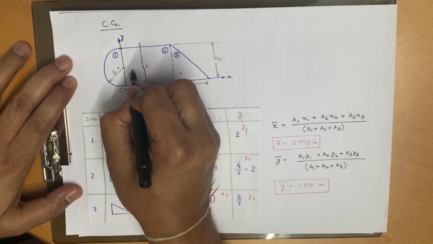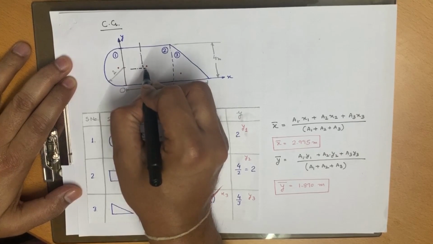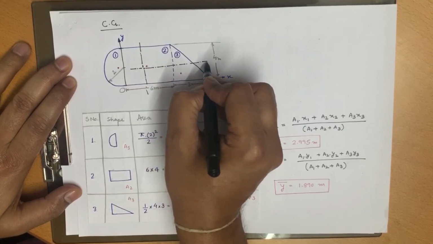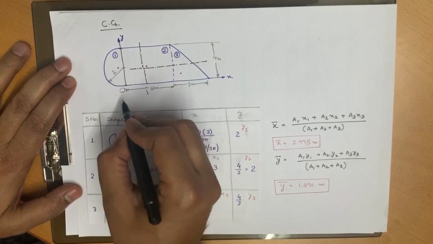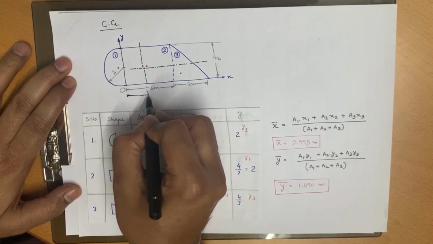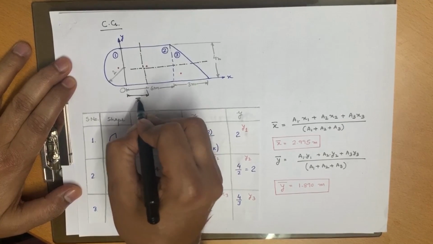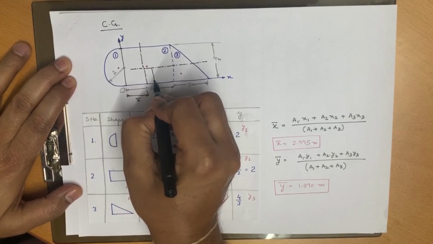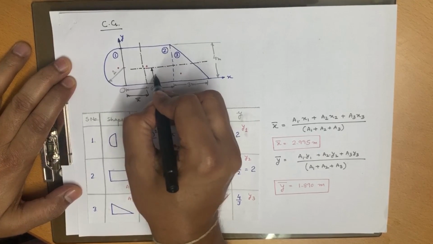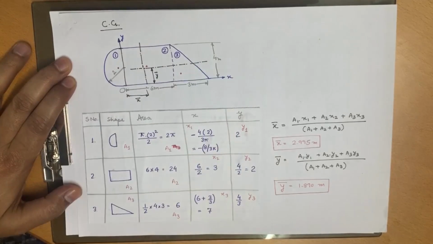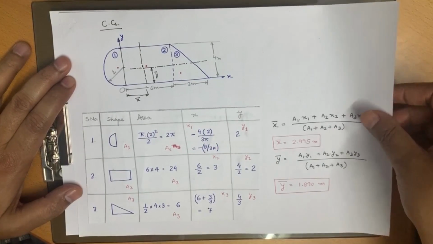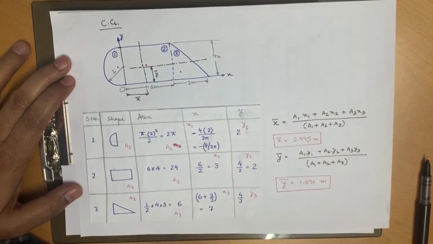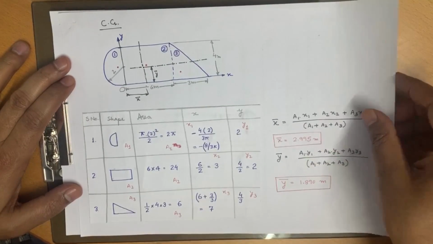That's how we can mark. So it is x bar and this is y bar, right? Now actually in this we have to apply the parallel axis theorem.